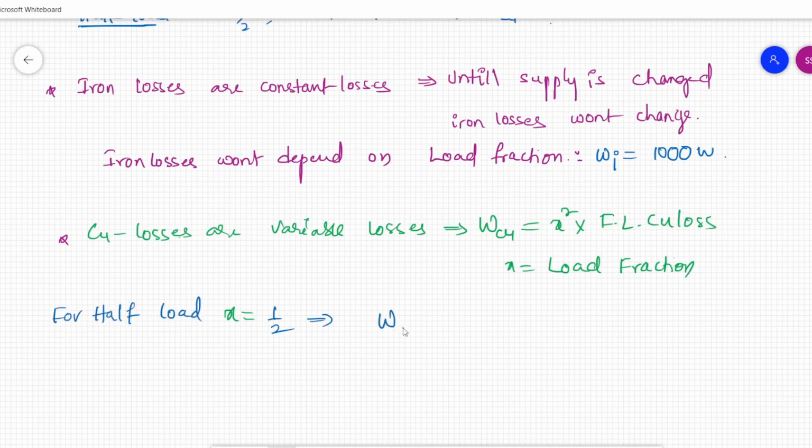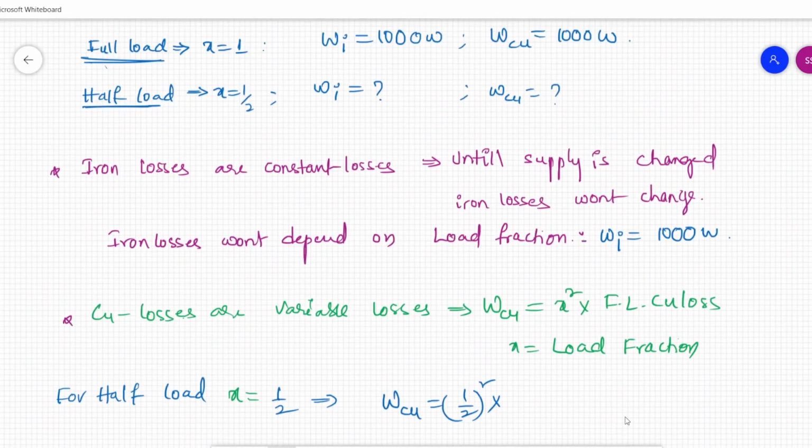So what will be the copper losses? That will be 1 by 2 whole square into full load copper loss. Given the question, what is the value of full load copper loss? That is 1000. So the copper loss at half full load is 1000 by 4, which is 250 watts.